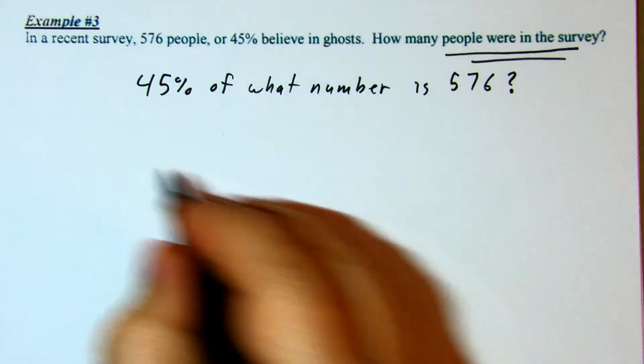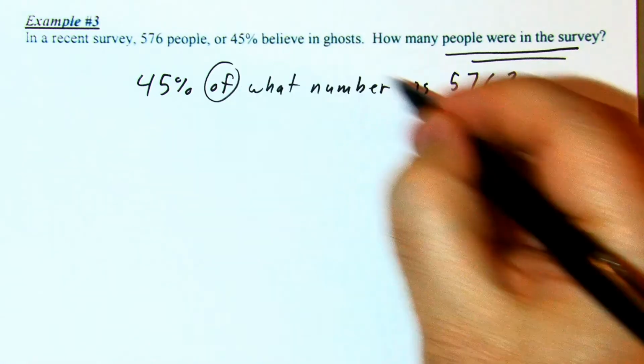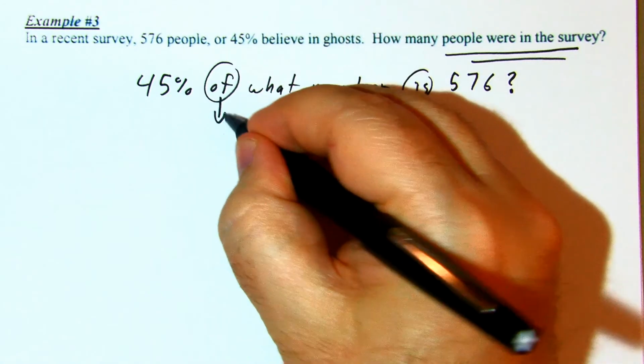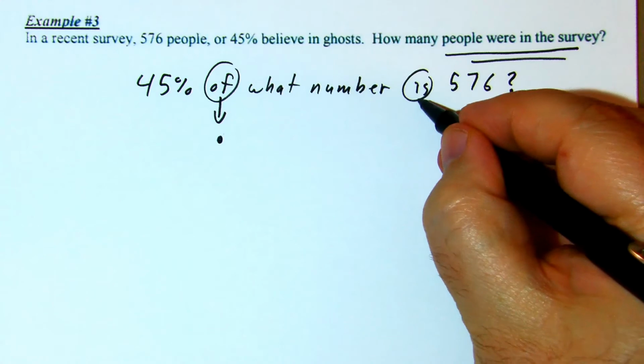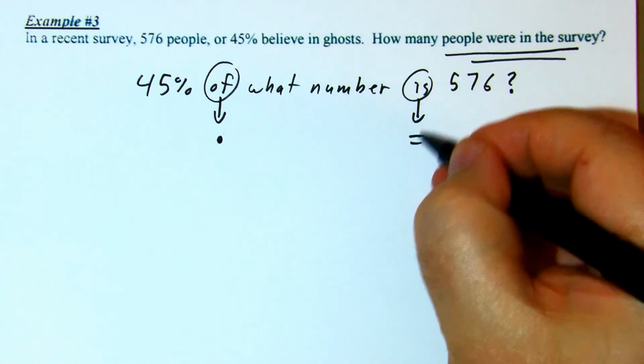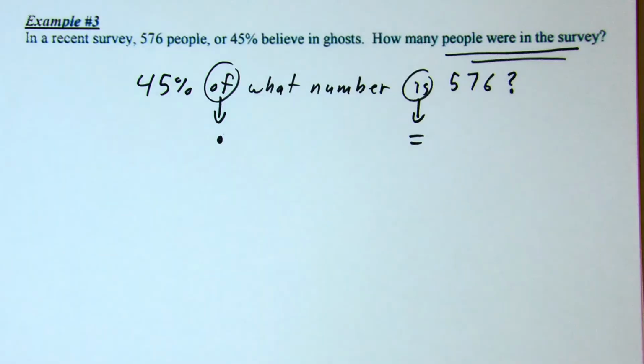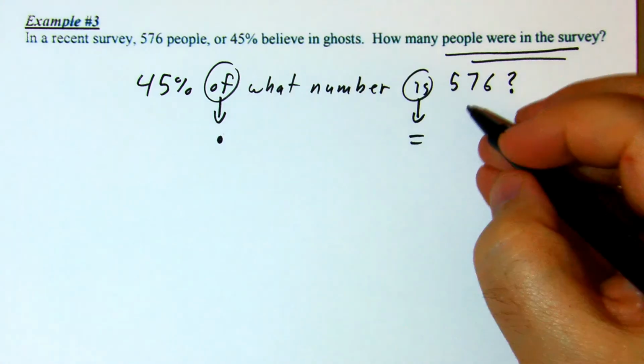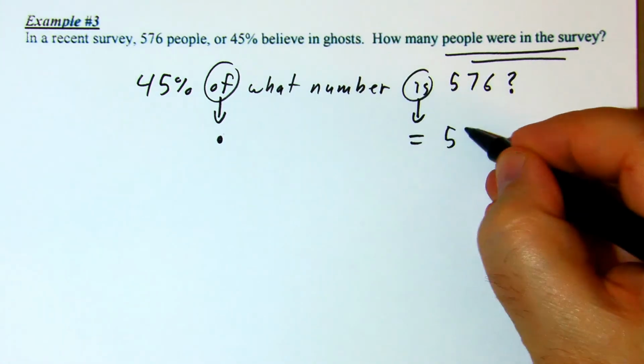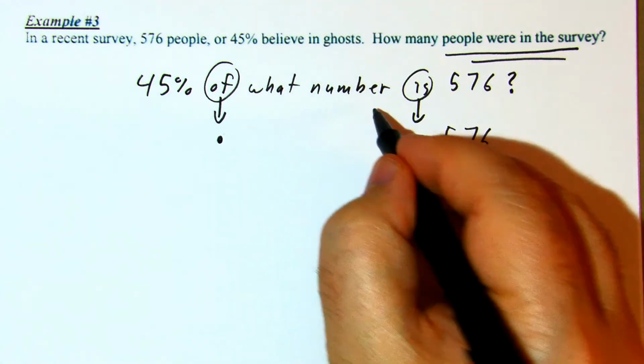Now we take our English sentence and we'll translate it. "Is" becomes our equal, "of" is the multiplication. I'll start on the right. 576 can come straight down. What number?